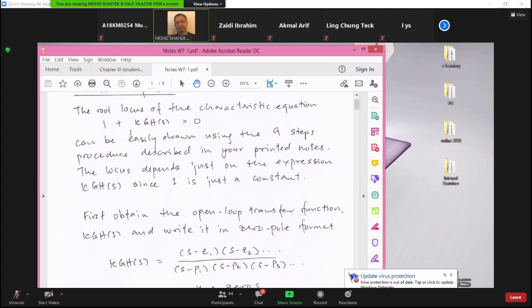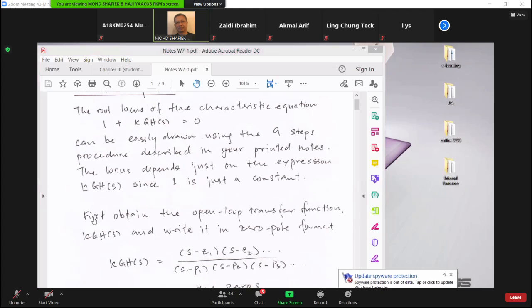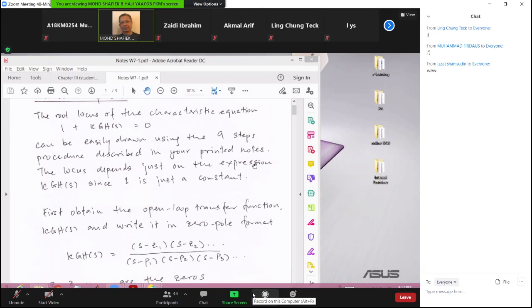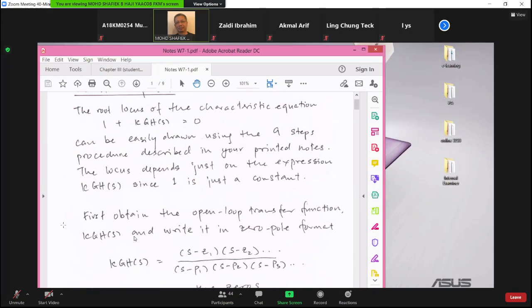Let me say that again. What we are going to be drawing is the root locus diagram of the closed loop system. Make no mistake about it.